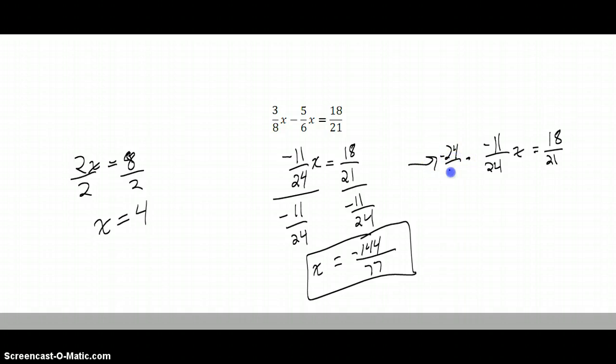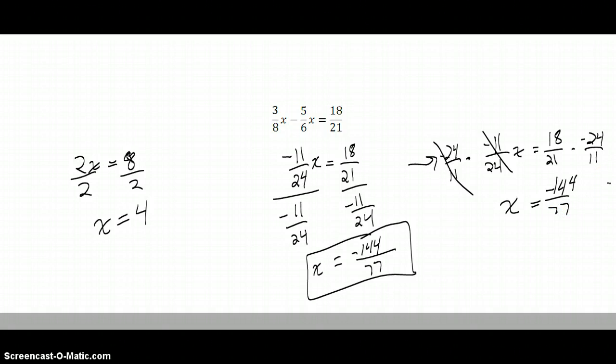So negative 24 over 11 times negative 24 over 11. And you'd have some canceling that occurs here. You'd be left with x, and you would just do some fraction multiplication, and you would arrive at the exact same answer.